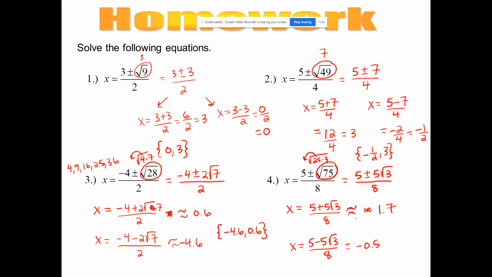Remember, that's an approximate because we rounded. So in order, negative 0.5, comma, 1.7.